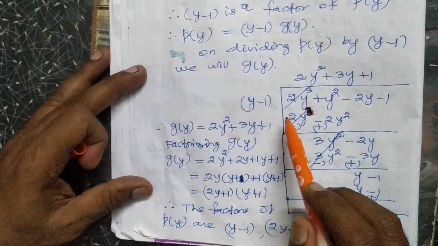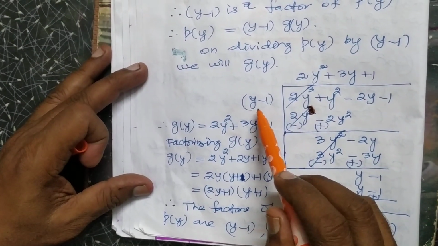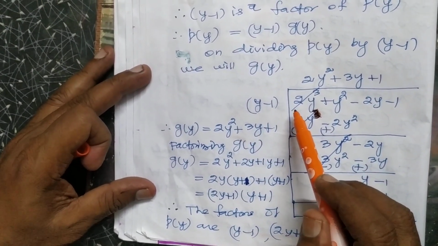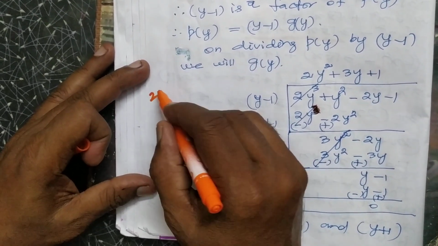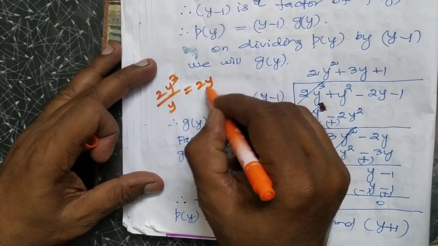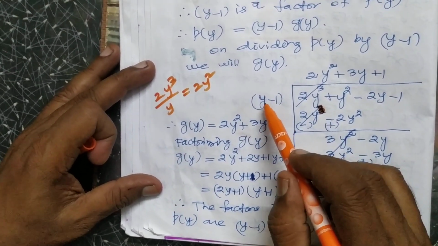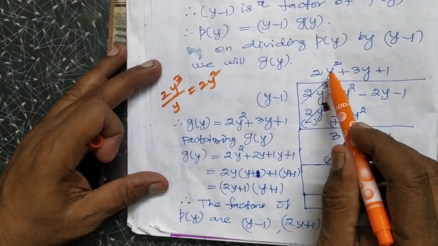P of y: here 2y cube is there, and here y is there. Now 2y cube divided by y will be 2y square. Whatever answer comes, you write it in the quotient place.